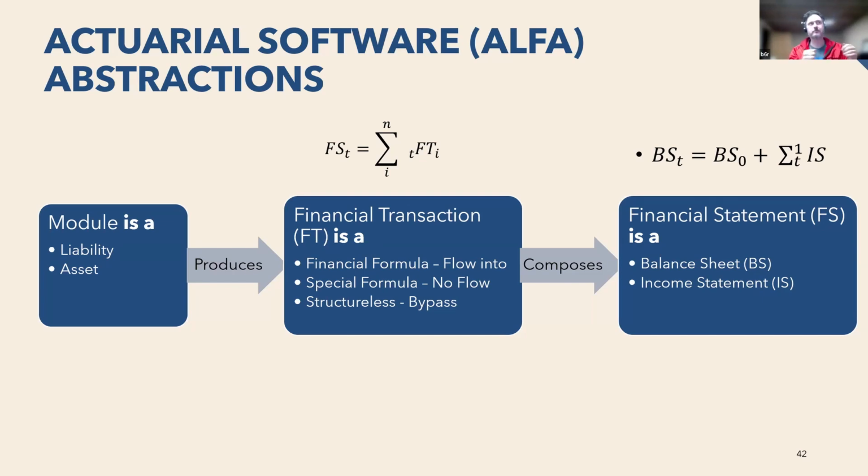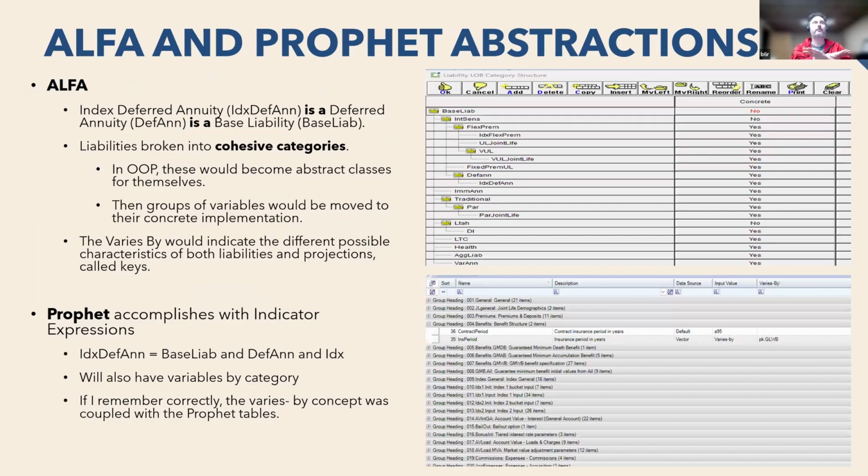It either flows into the income statement, or it doesn't flow, such as target surplus, or it's structural and just bypasses, something you put in the output for later details. And then that composes up a financial statement, a balance sheet or an income statement. So all actuarial software has these abstractions in common, but it's at the module level that everything goes awry.